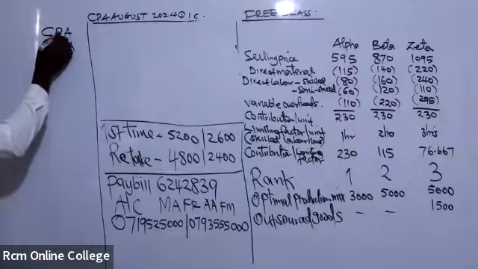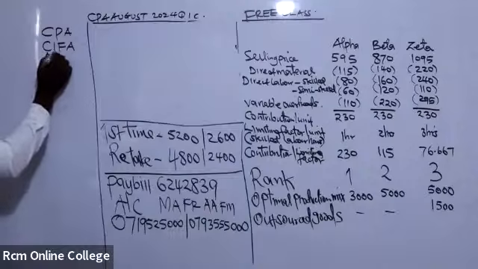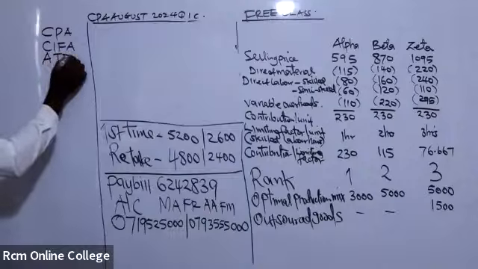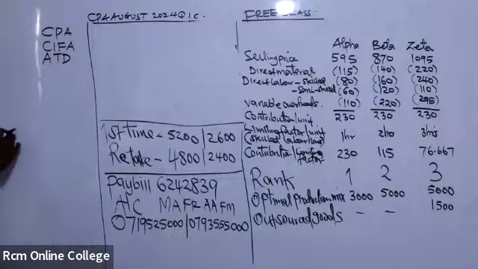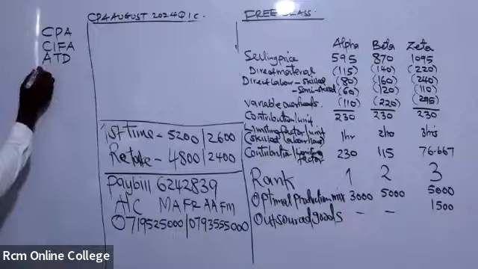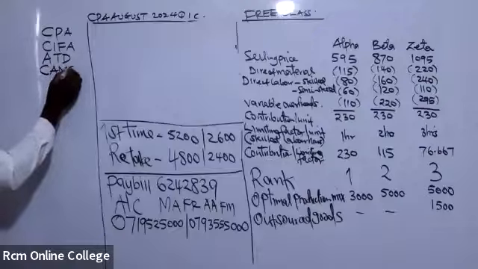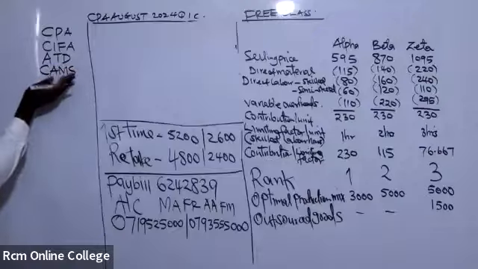Don't forget that if you don't qualify for CPA, you cannot give up, because ATD, the diploma level, allows you to start your accounting journey. If you don't qualify for ATD, we are not leaving you behind. You must still board this bus. Then comes the certificate level, which allows you to start. Then from CAMS, you go to ATD.